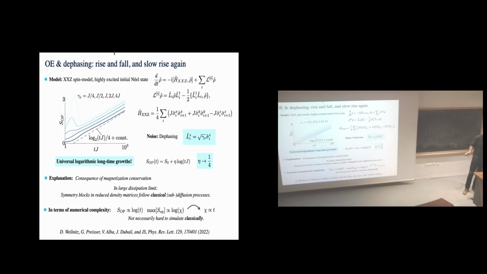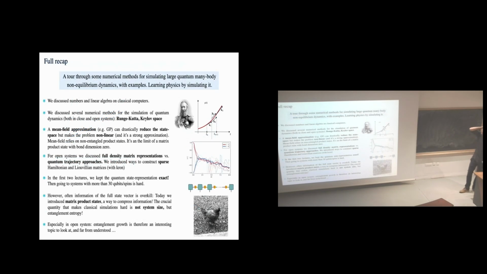Good. That's the end. So I thought for the last slide I would give a full recap of everything that I tried to get across. The spirit was to discuss some numerical techniques, with the idea that you try to simulate some physics to actually learn something about the dynamics in the system. So we did some very fundamental things, discussing how to write numbers on your computer and just some basic linear algebra, exact diagonalization.